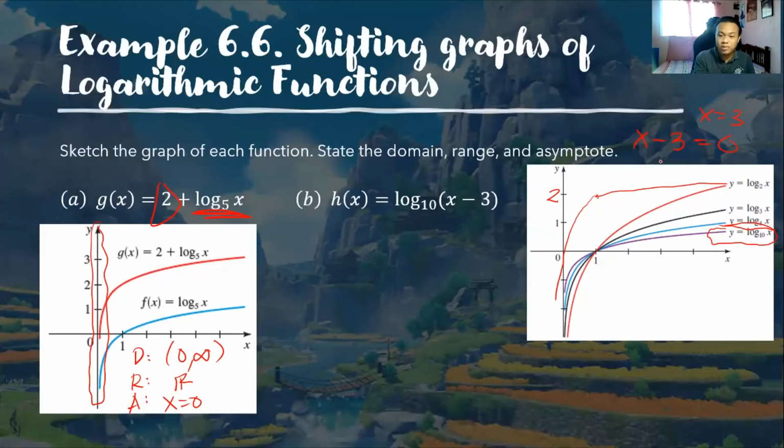But if it's plus, it becomes negative, meaning shift 3 units to the left.